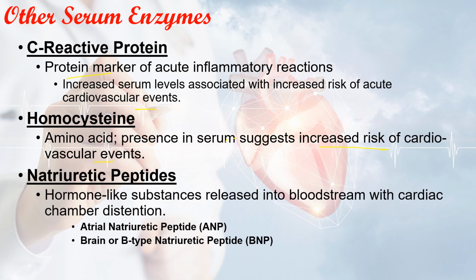Then natriuretic peptide, a hormone-like substance released into the bloodstream with cardiac chamber distension. Atrial natriuretic peptide or brain or B-type natriuretic peptide is usually the diagnostic test.